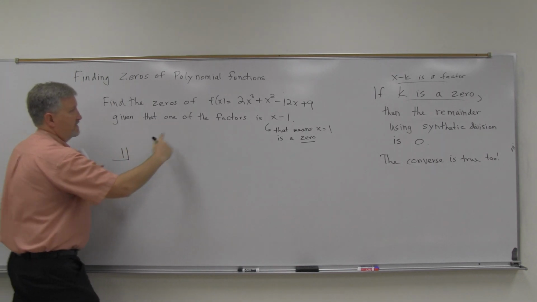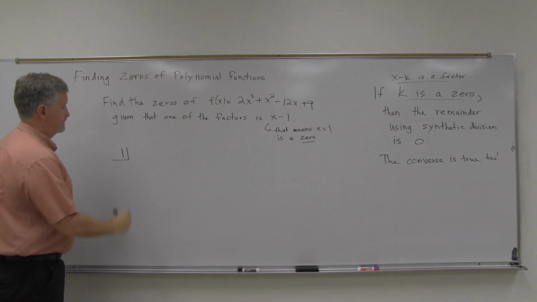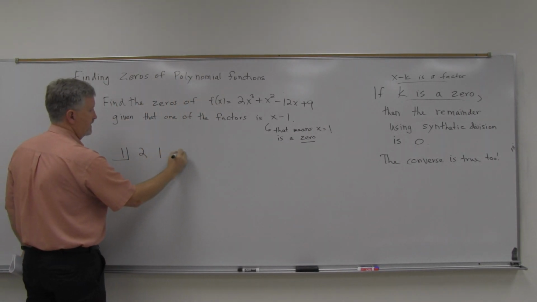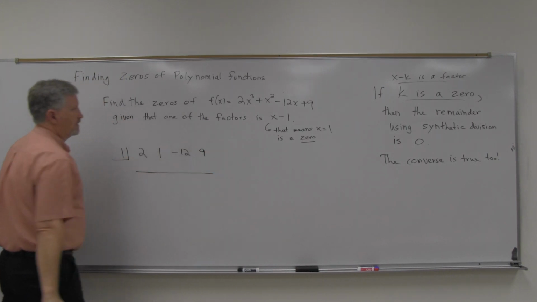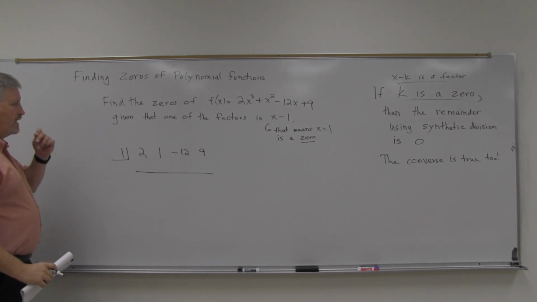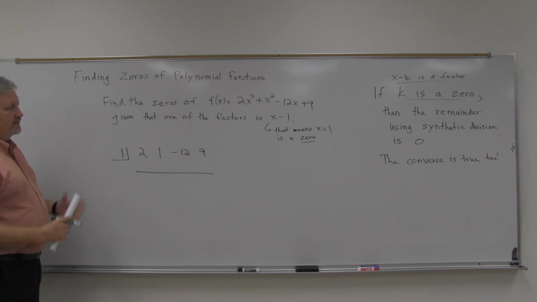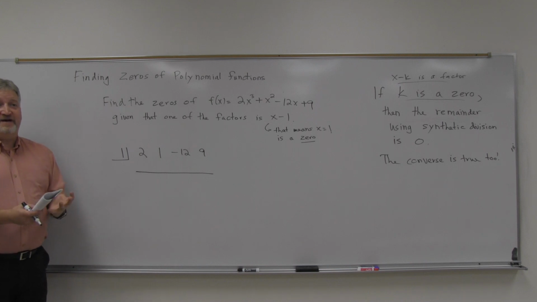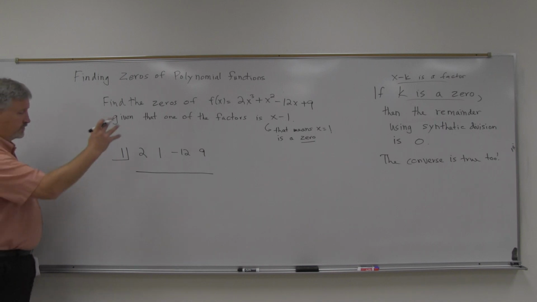Then alongside that, we plug in our coefficients, 2, 1, negative 12, and 9. So let's use our synthetic division to confirm it, but there's more that comes out of that. There's more that we can figure out just from that one little piece of information.